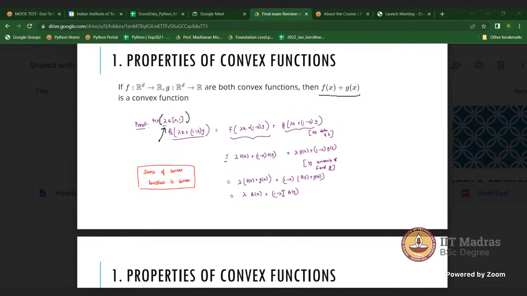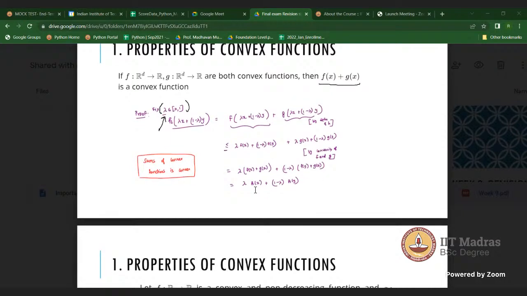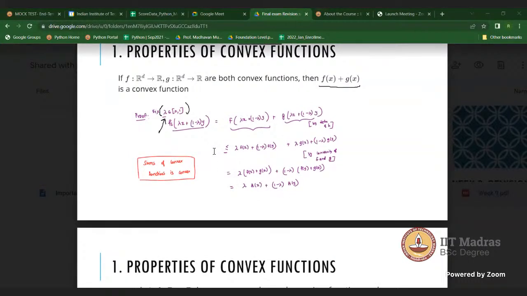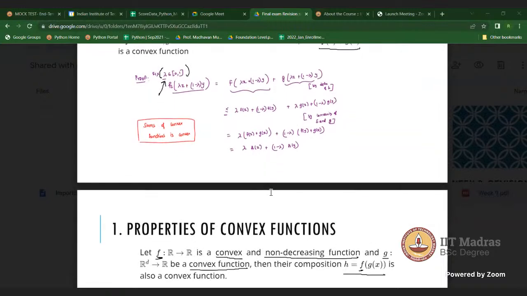And the other one as 1 minus lambda into f of y plus g of y, which gives us this form: lambda into h of x plus 1 minus lambda into h of y. So h of lambda x plus 1 minus lambda into y is less than or equal to lambda into h of x plus 1 minus lambda into h of y. Since this condition is satisfied, we can say that h of x is a convex function.